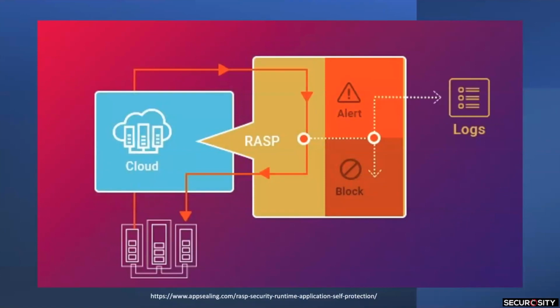It's designed to detect attacks against an application in real time. It relies on both real-time attack detection capability and application behavior awareness. Once an application is running, RASP can protect it from malicious input or behavior by analyzing the application's behavior and the context of that behavior.